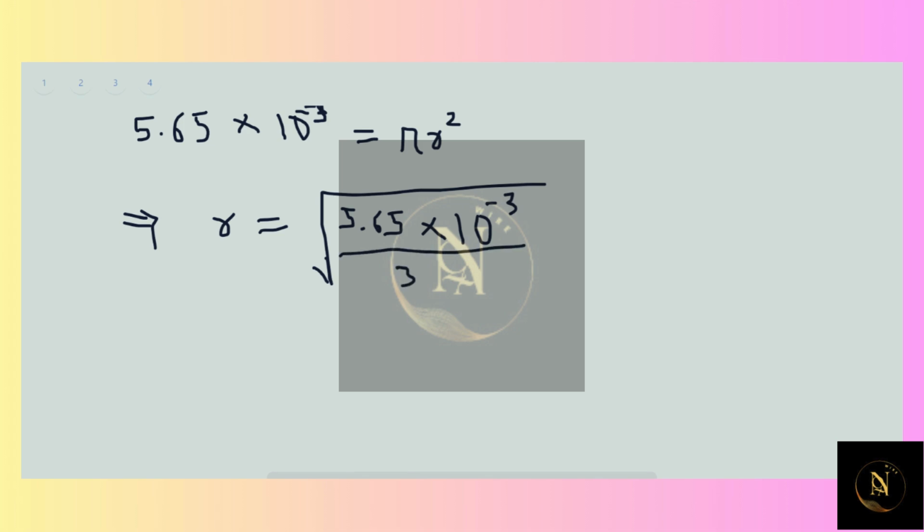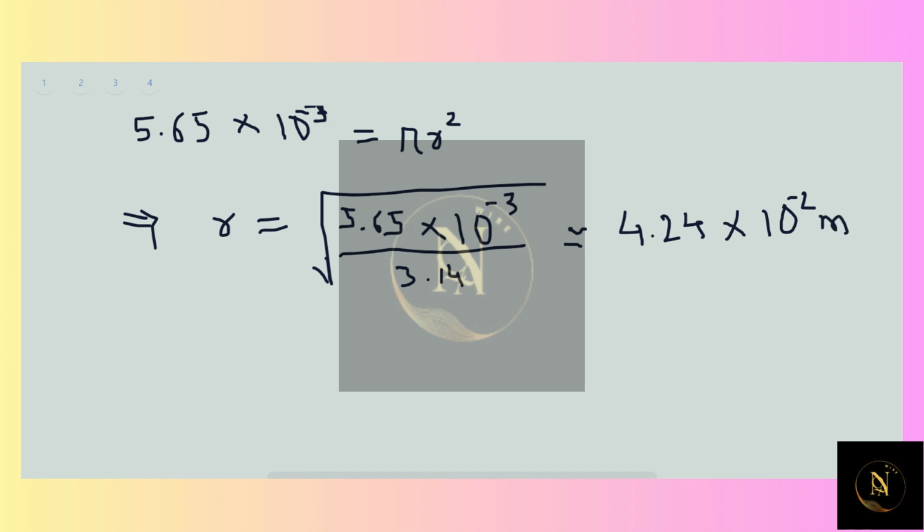Taking pi as 3.14, this value comes up to approximately 4.24 times 10 raised to negative 2 meters.